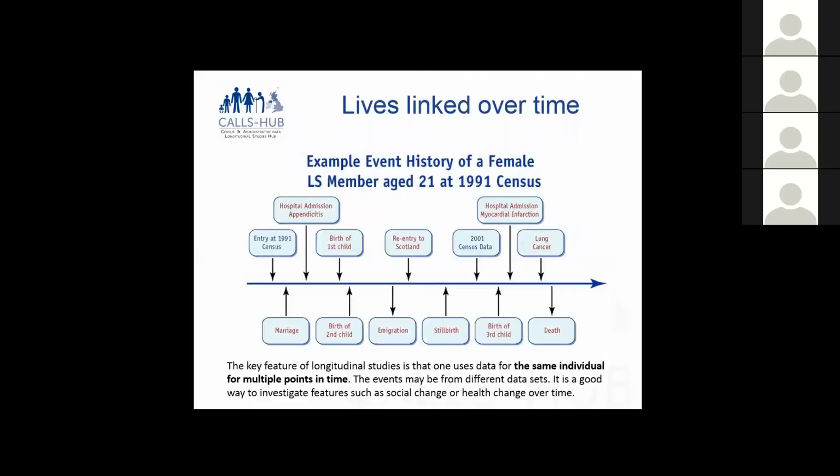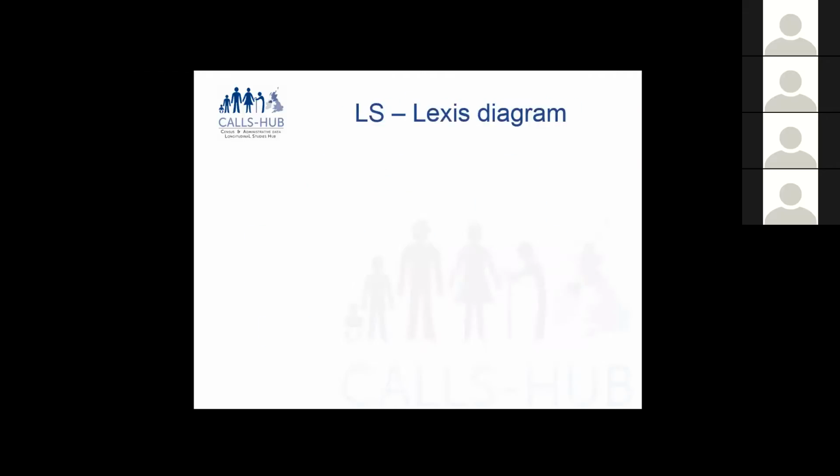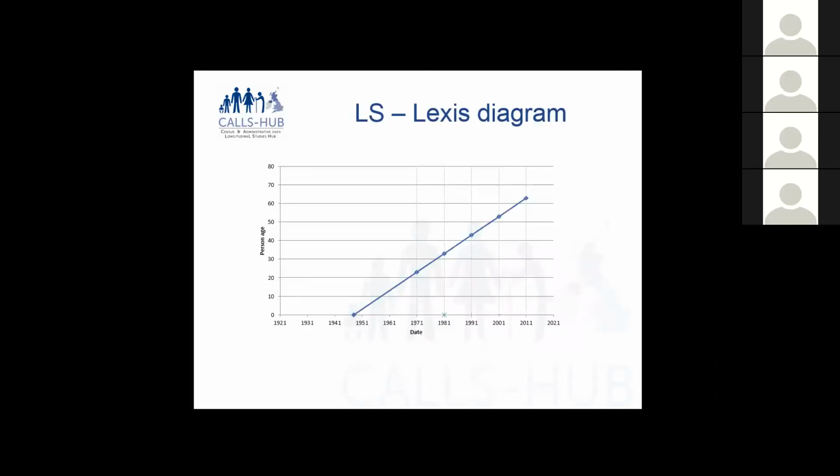So an alternative way of thinking about this is through a Lexis diagram. So here on this diagram we have time on the horizontal axis, we have years, and on the vertical axis we have the age of a person. And we can see here that this line represents the aging of a person who was born in 1950.